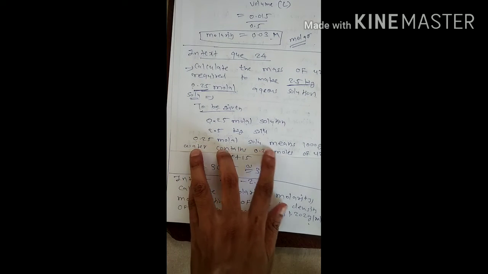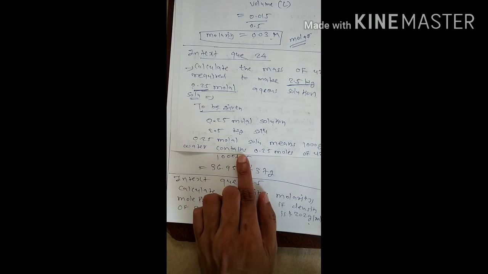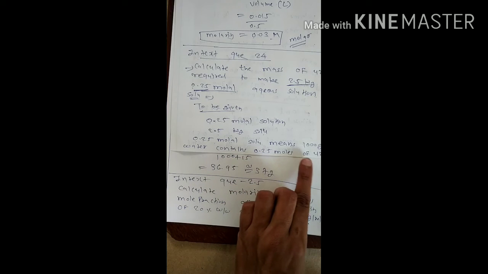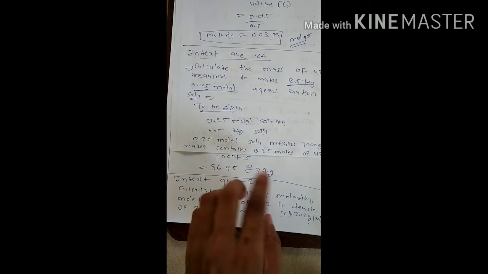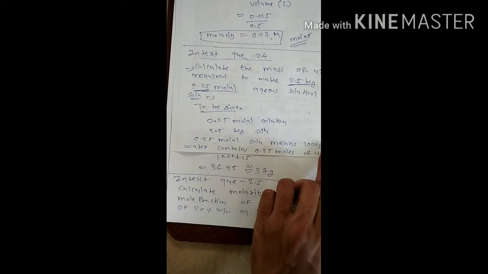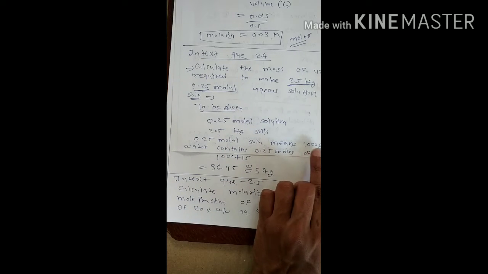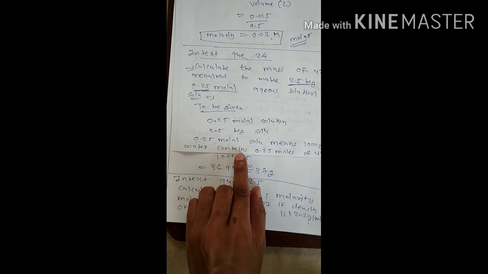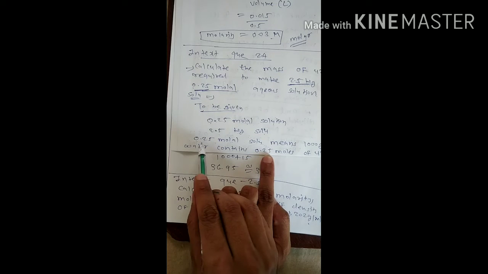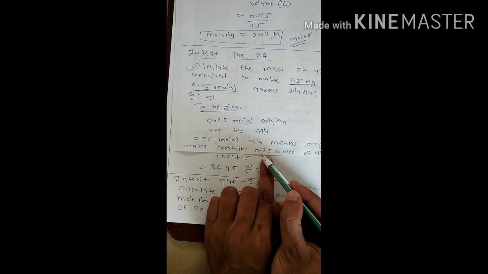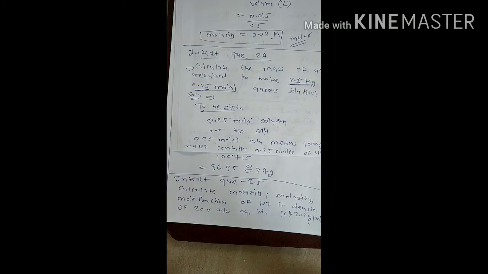0.25 molar solution means 1000 grams water contains 0.25 moles of urea. In molar you have 1000 grams water contains, as many moles as the molar given. 0.25 molar is given, 0.25 moles of urea.